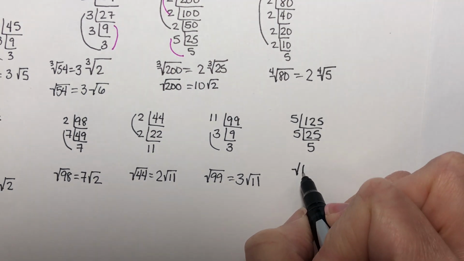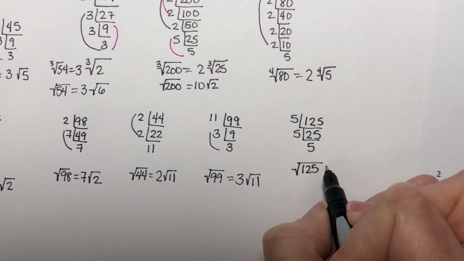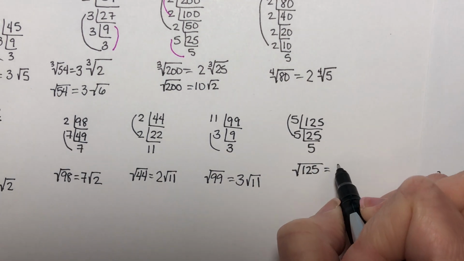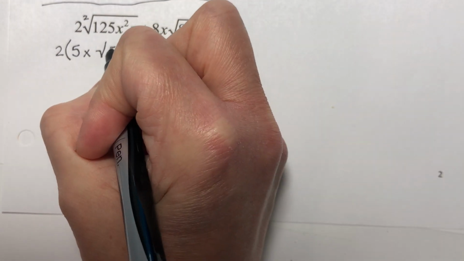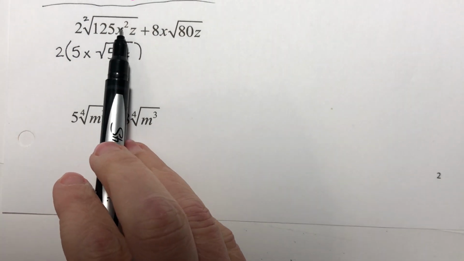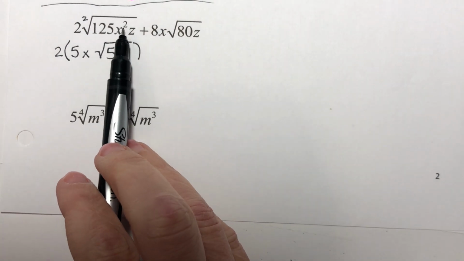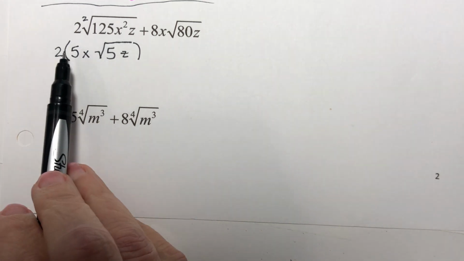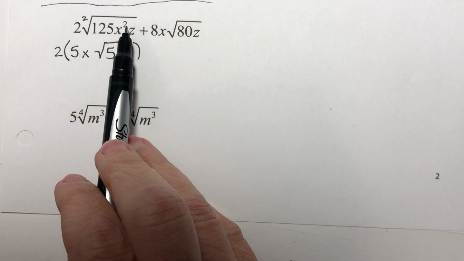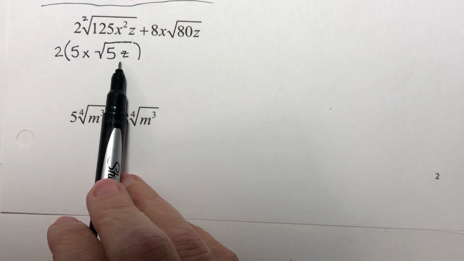So the square root of 125 is going to equal, I have a pair of 5's, and then I have a 5 left over. So 5 times the square root of 5. So a 5 on the outside, a square root of 5 on the inside. So let's talk through this again. I had 2 of these, so that was a pair of x's, so 1 came on the outside. The square root of 125 is 5 times the square root of 5. I had a z alone, so it is stuck on the inside.